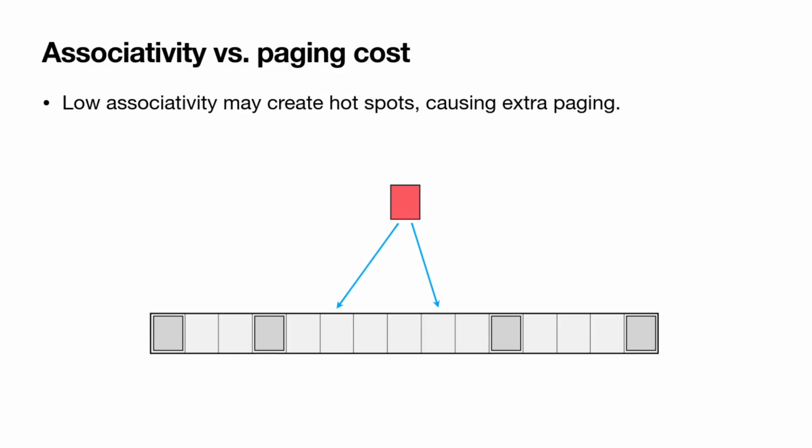Let's suppose each page can land in two different spots. So we get a new page, it gets inserted into RAM, and both spots are free, so the page chooses one of them. We get a new page, there is one of the two spots that is empty, so the page is placed there. Another one. And now we get a page that can only be placed in these two slots that are already occupied.